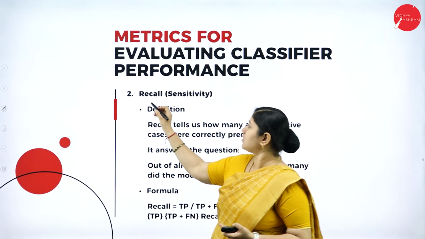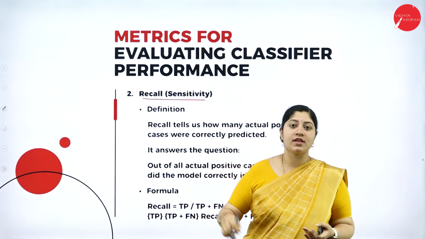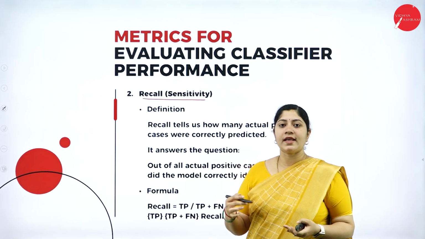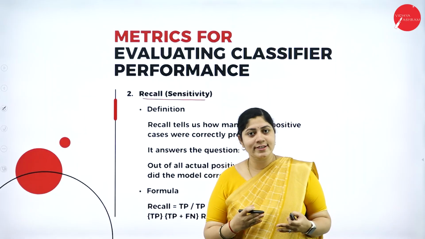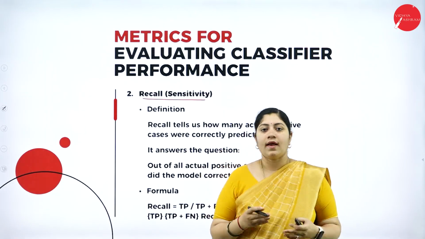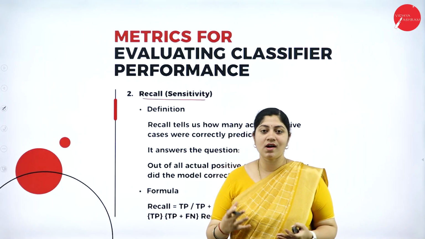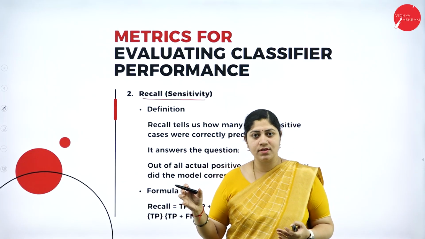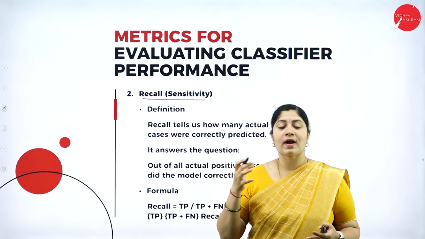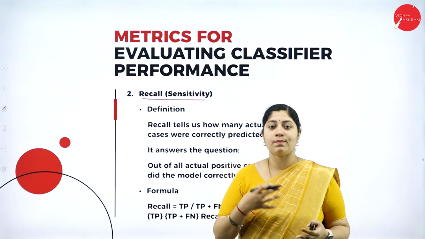Let's move forward and understand the second metric with respect to the performance of classifiers. That is none other than sensitivity, which is also called recall. Recall tells us the number of positive cases that were actually predicted. Out of all actually positive cases, how many were correctly identified by the model?